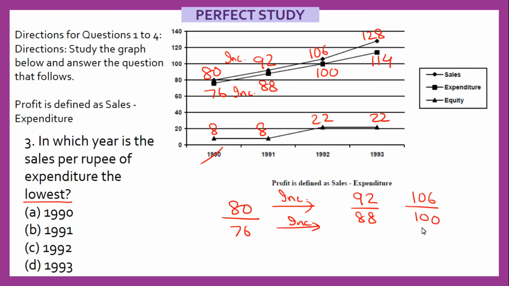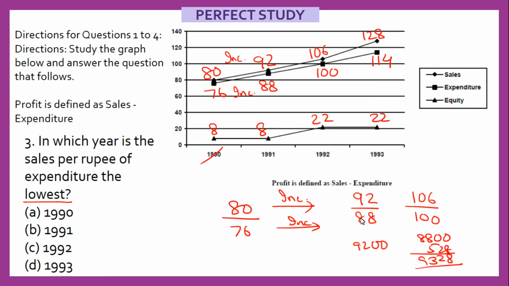Now we can do some quick multiplication here. 92 into 100 will give me 9200, and 88 multiplied by 106. So 88 into 100 will give me 8800. 88 into 6 will give me 480 plus 48, that is 528. So total is going to be 9328.